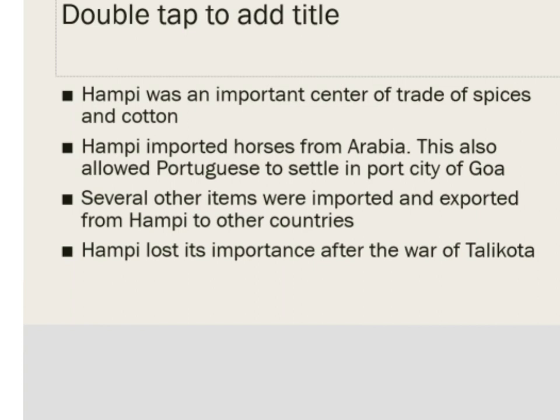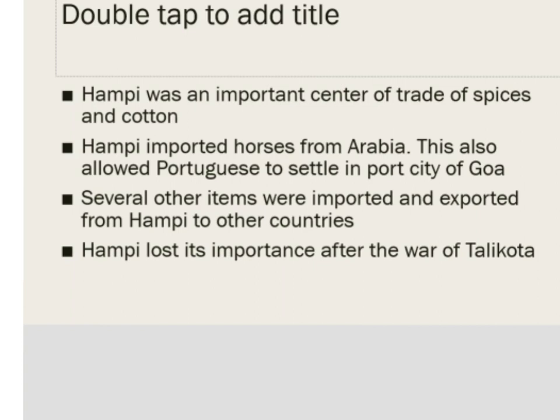Those Arabians fought wars on horses, not on elephants, while the Indians fought on elephants. So those people also imported horses, and the trade of horses became a way of commerce and trade. When they imported horses from Arabia, this also allowed the Portuguese to settle in the port city of Goa.